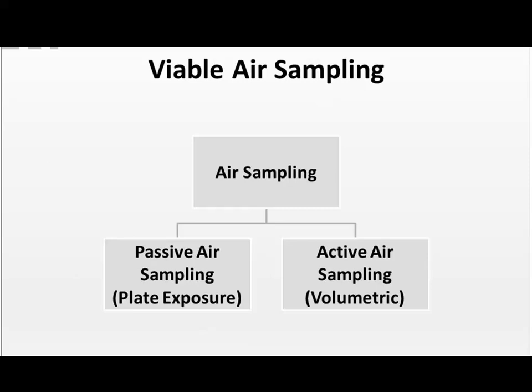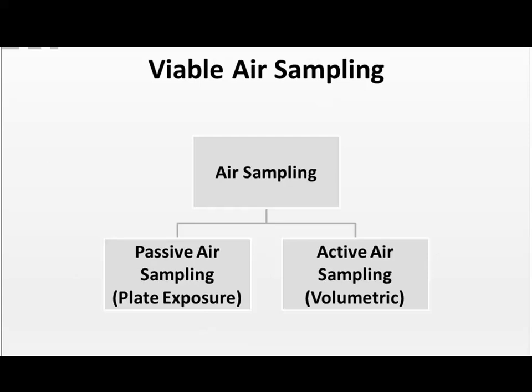For air sampling, we just said that we're doing 2 types, viable and non-viable. Viable air sampling can be done with passive air sampling using our settle plates, and this is when we pour plates with media and set these media in critical areas.